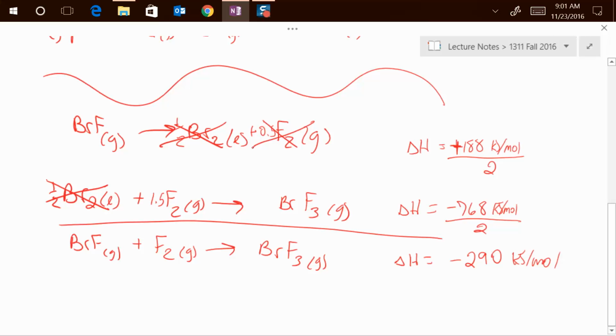So that cancels there, and I'm left with 1 F2, and I get 1 BrF3 down here as well. Okay? So 188 divided by 2 minus 768 divided by 2 will give me negative 290 kilojoules per mole. Okay? So, why don't those cancel out?